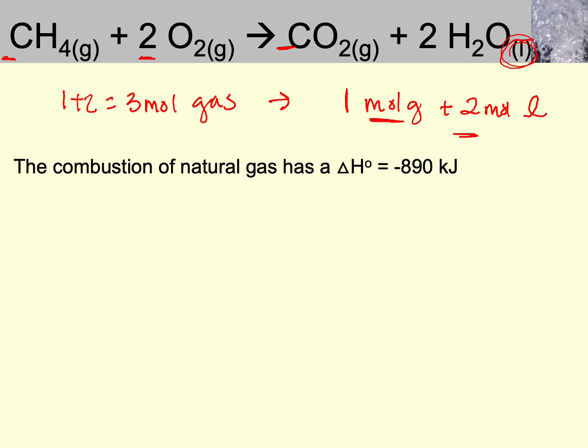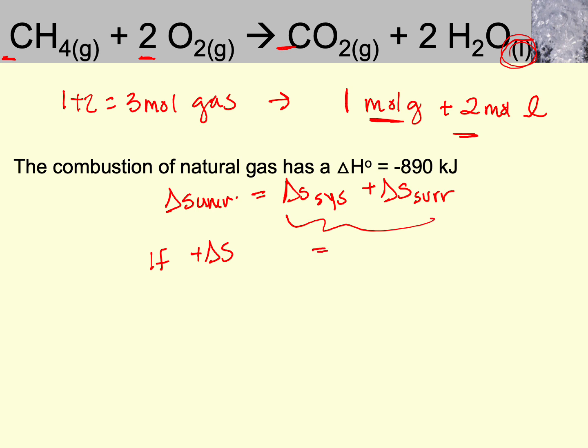If we have a positive entropy, then the sum of the system and the surroundings must be greater than 0. So remember, our equation was delta S of the universe equals delta S of the system plus delta S of the surroundings. So if positive delta S, then the sum of these must equal something greater than 0.